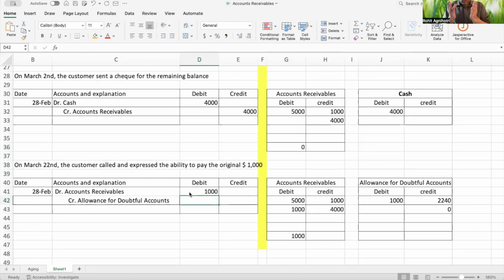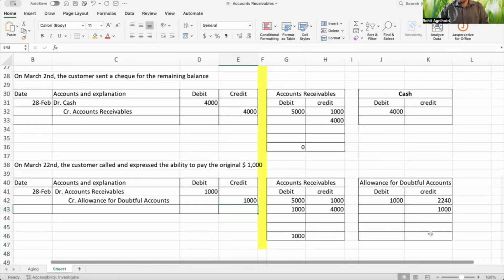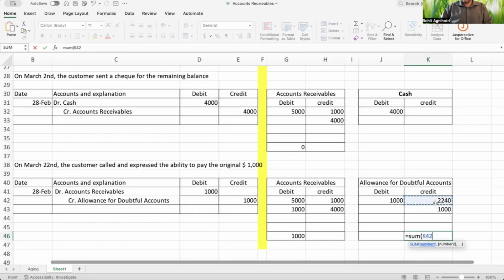And the provision or the allowance that you had used, you have to put that back too, because now you don't need that allowance anymore. You can use that allowance for a different customer. So you will put the $1,000 back into your allowance account, and you will see that now your balance is again back to where it started.